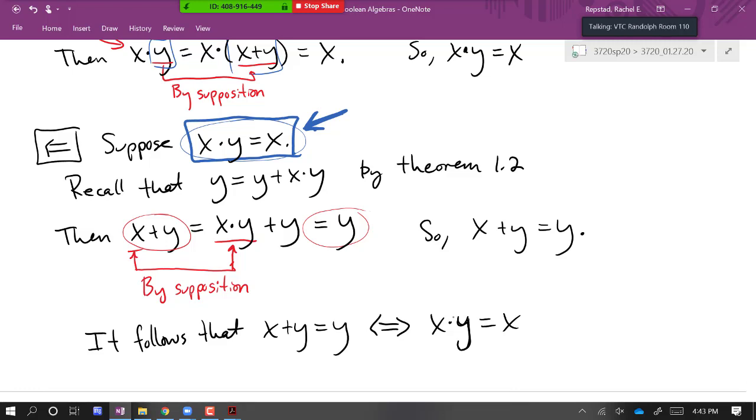How's that? All right. Are there questions on this example?